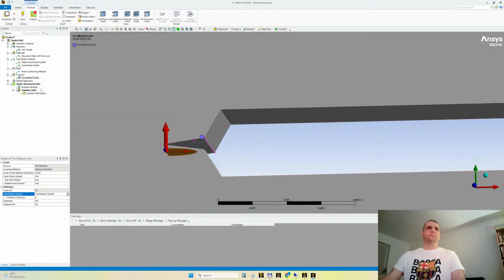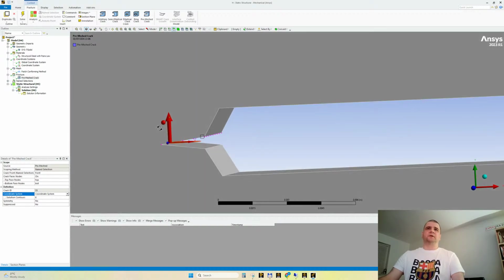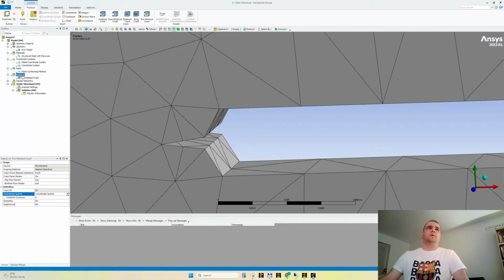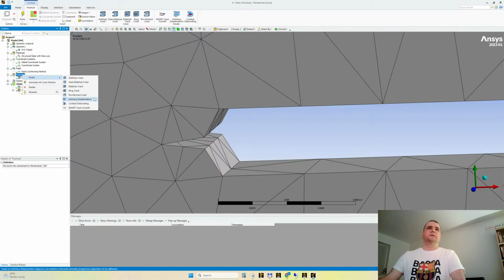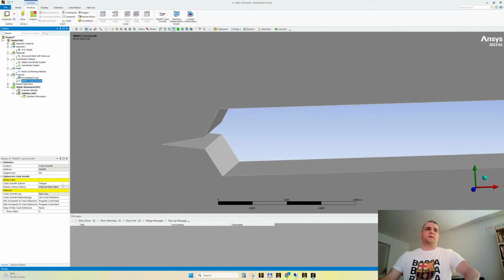Let's see. So what do we need more? We have found out how to create the crack. And now let's click here or wherever, smart crack growth, okay? It asks for the pre-mesh crack, just double click, pre-mesh crack, and it's done.